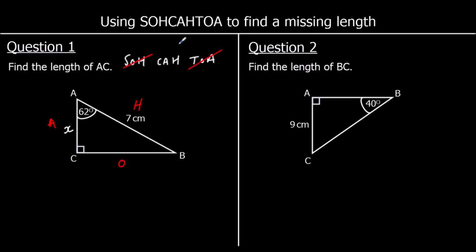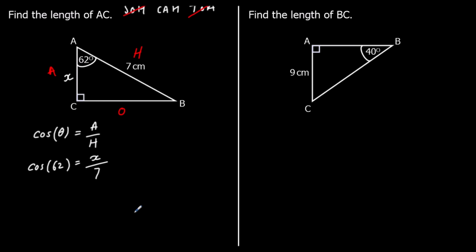So it's CA. So that means that cos with the angle equals A over H. So let's substitute in. The angle is 62. So cos 62 equals A, which is X, over H, which is 7. So let's get X by itself, and to do that we multiply both sides by 7.